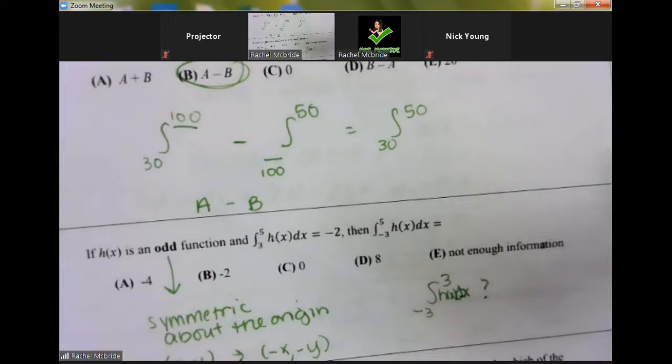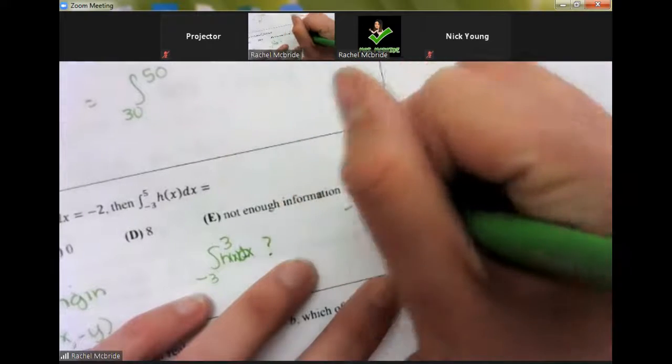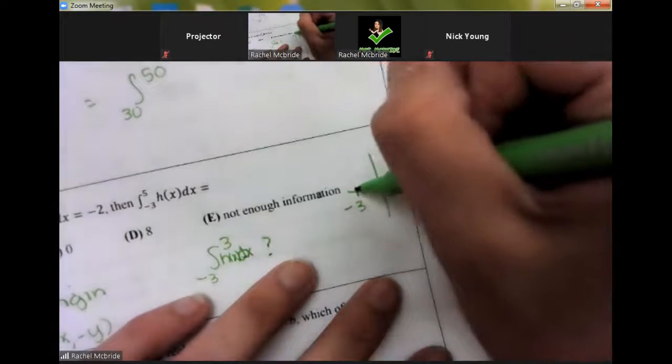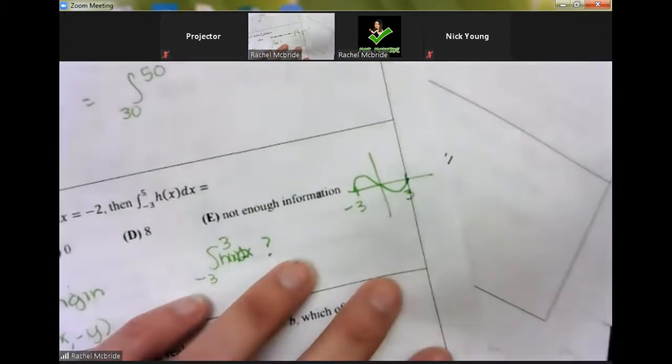If it's symmetric, think about any graph that would be symmetric. So from here to here, here's your negative 3, here's your 3. So an odd function is symmetric about the origin. That function is symmetric about the origin.